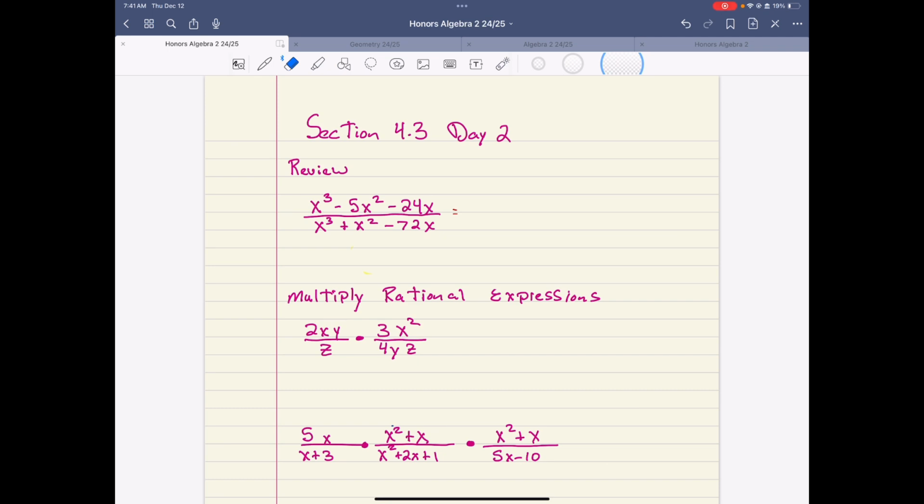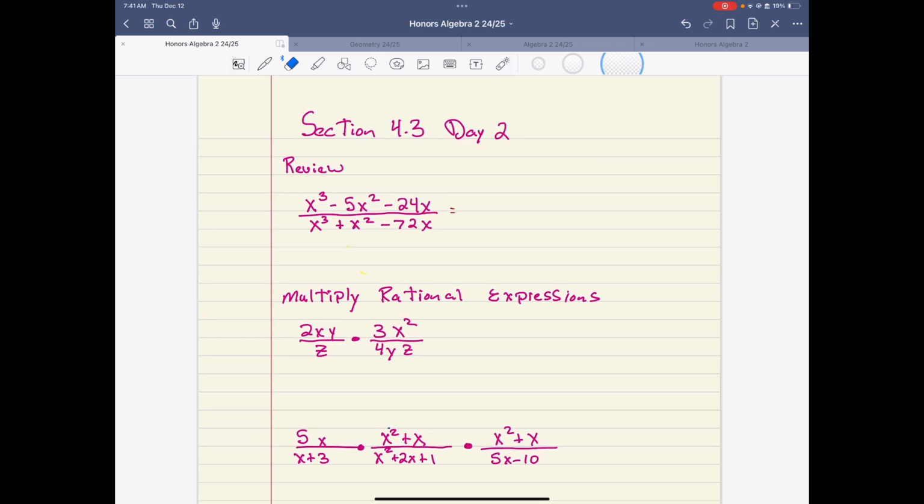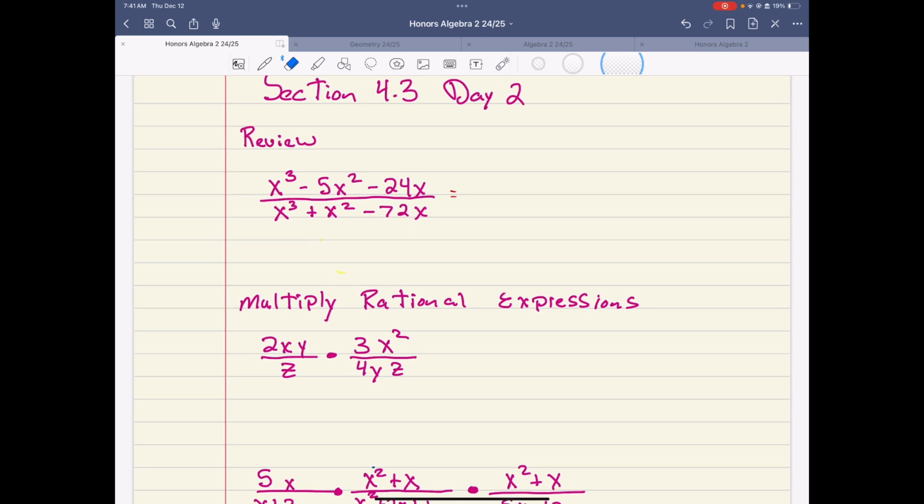So today we're going to work on multiplying and dividing rational expressions. We're going to start out with a little bit of a review. We've got x cubed minus 5x squared minus 24x over x cubed plus x squared minus 72x. We're going to factor them as much as we can.